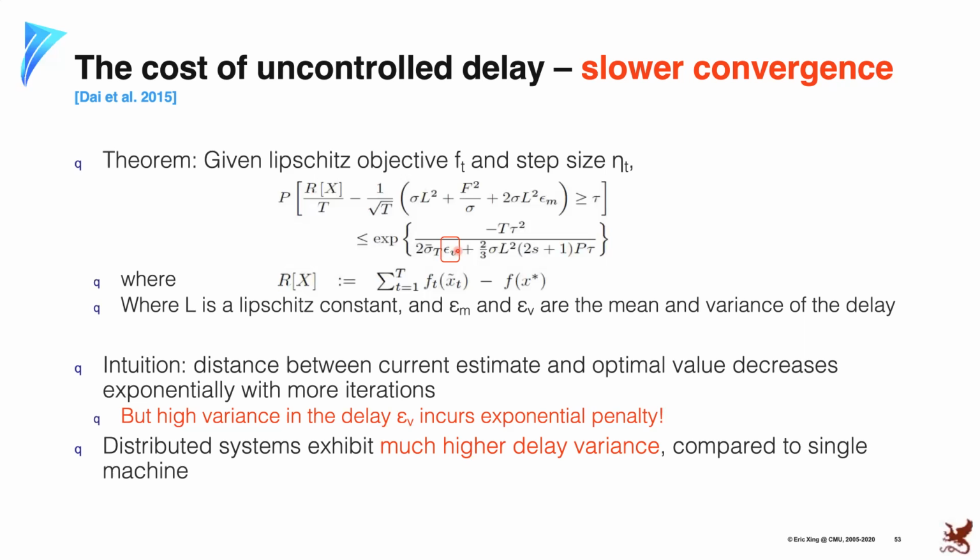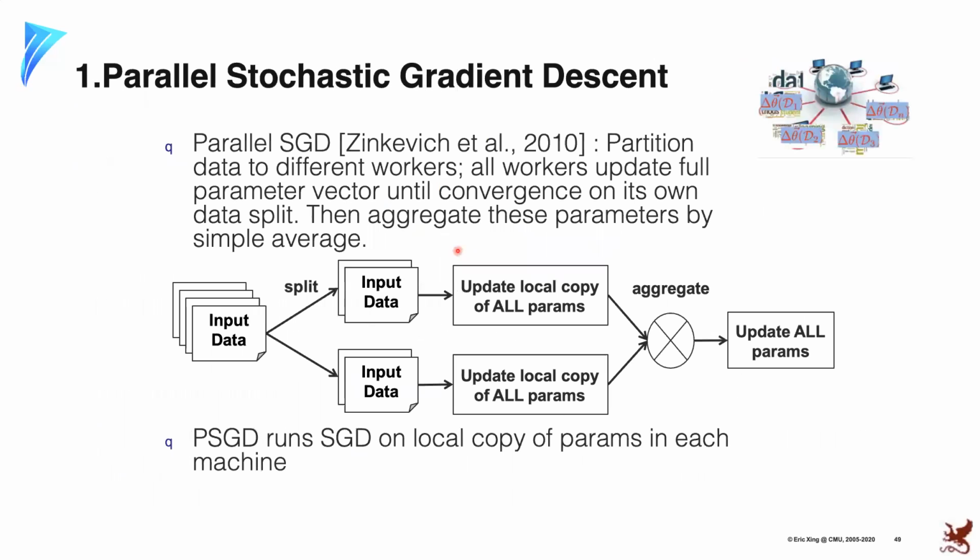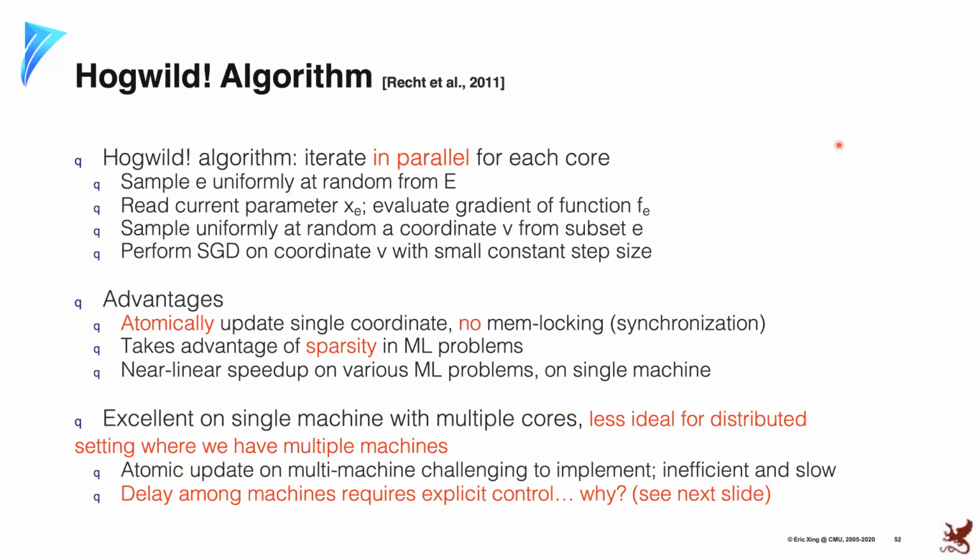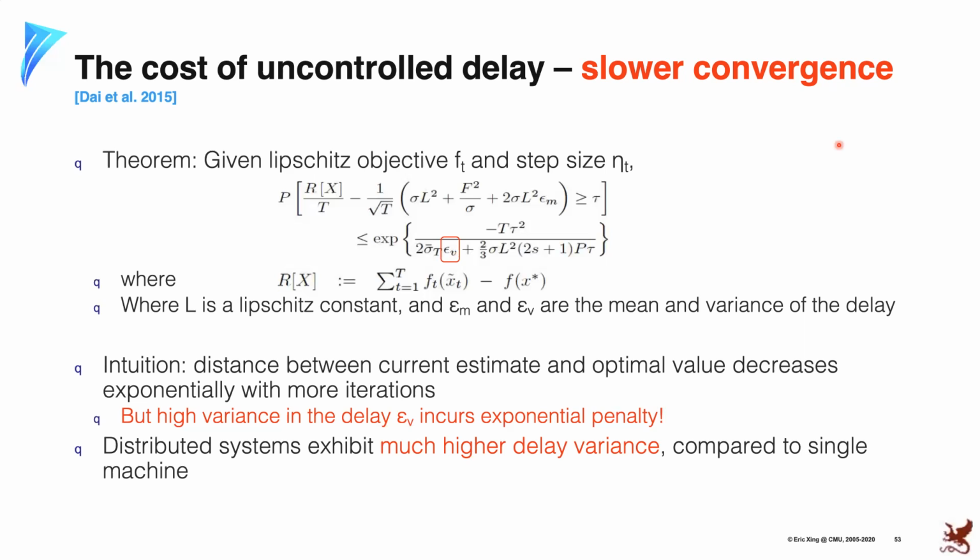Maybe on one computer or one worker, this bunch of data has already converged, but for another worker, it has not converged yet. Due to such delay, they are not synchronized with each other, like we are in the room.